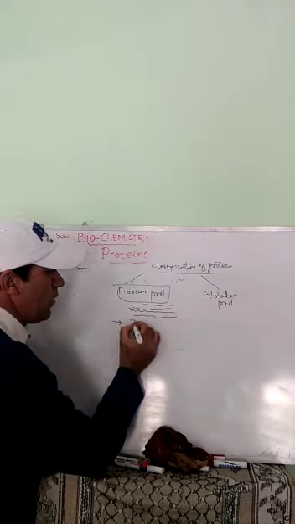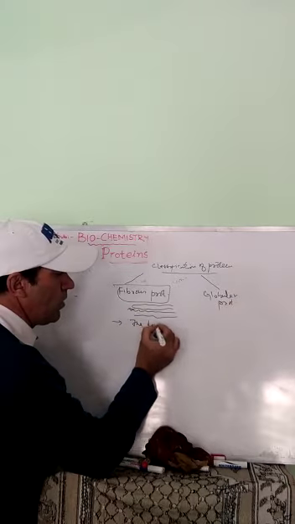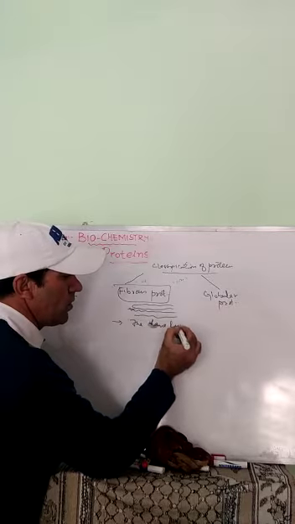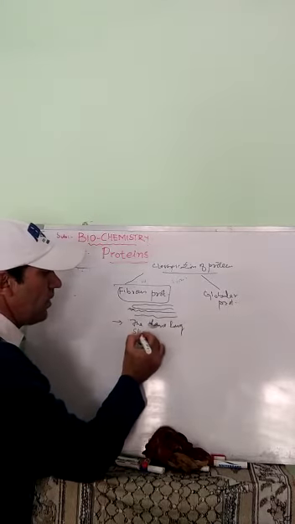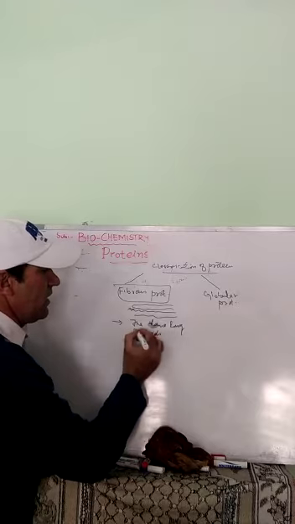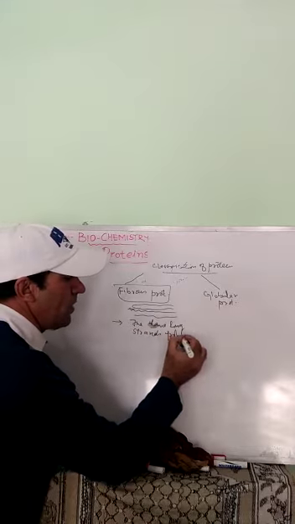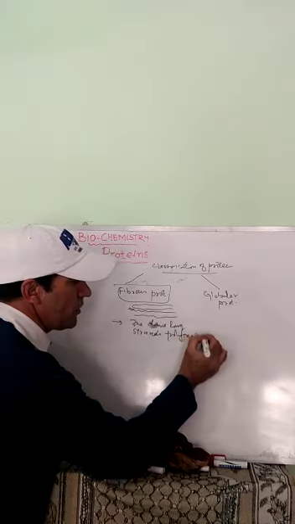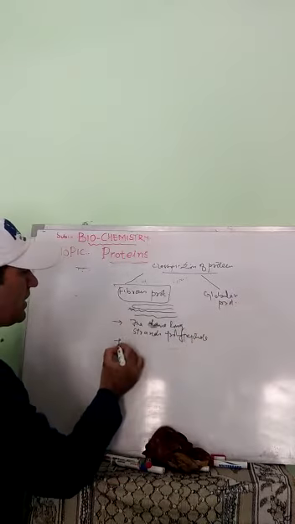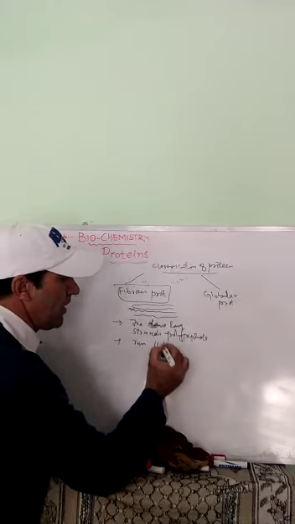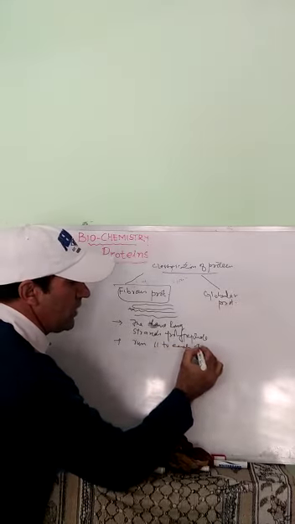They have long strands. These long strands are made up of polypeptides, and they run parallel to each other.